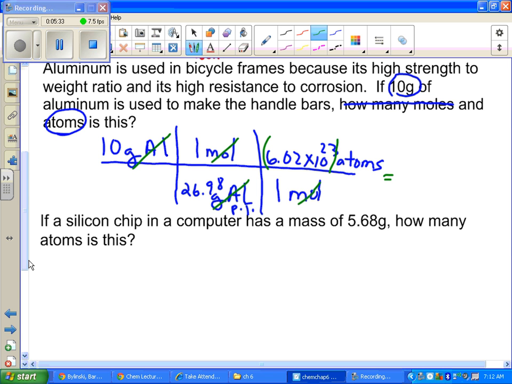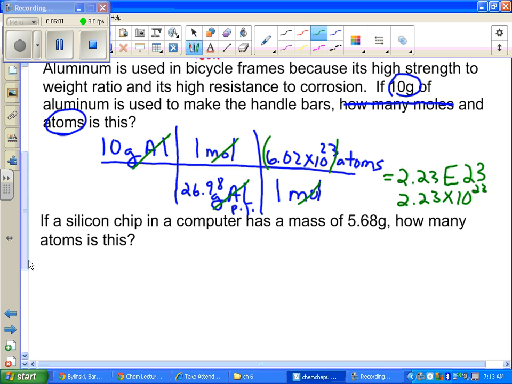So I will try this. Okay, my answer. I'm seeing 2.23, and make sure you read to the end of the calculator. Mine is saying e to the 23rd. You can write e to the 23rd, but it also means 2.23 times 10 to the 23rd.